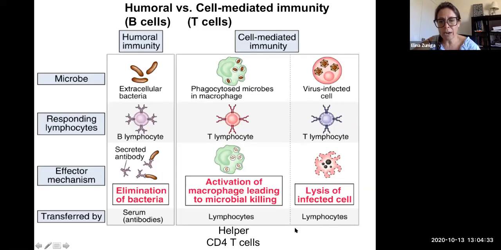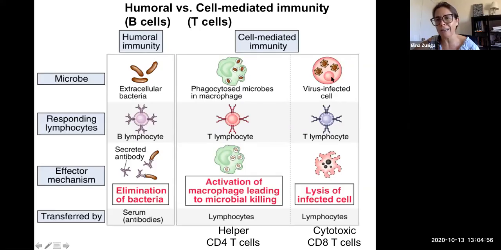So what about the other subtype of T cells, the CD8 T cells that are also called cytotoxic T cells? They are specialized to kill, for example, virus-infected cells. And so here we have an example of a cell in which the virus is growing.